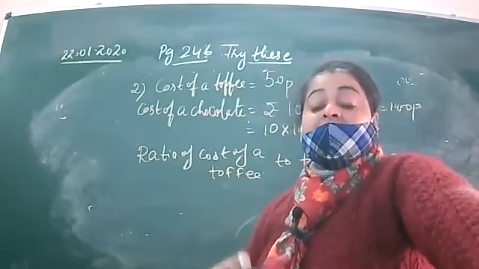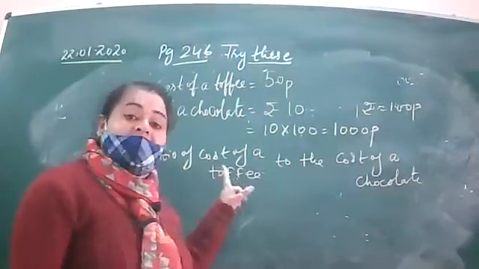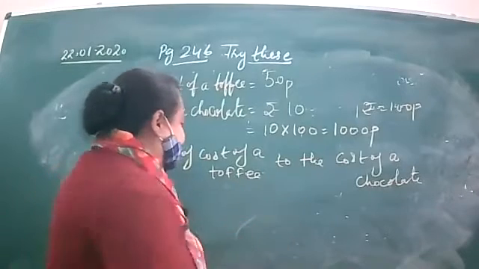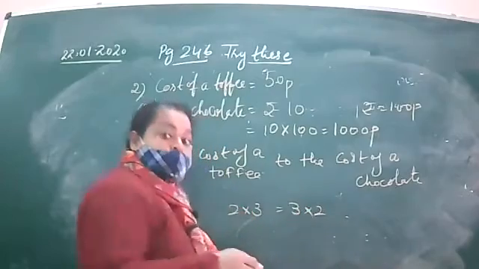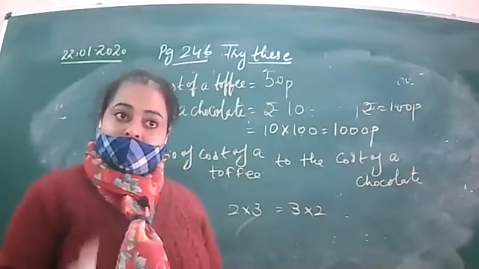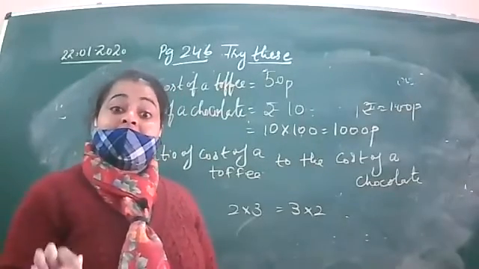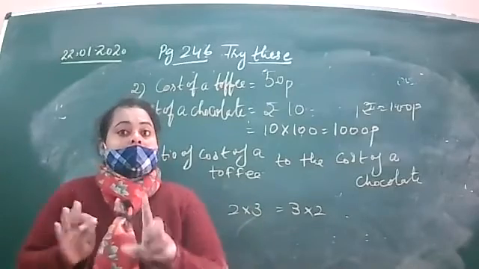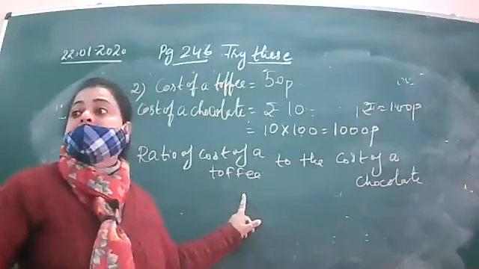I am repeating one more time, students, in ratio you have to write first what is given first. Like multiplication, 2 multiplied by 3 is the same as 3 multiplied by 2. You can interchange position in numbers, but in ratio you will not interchange position. Write as it is given in the book. If toffee is given first in the book, then you have to write toffee on top.